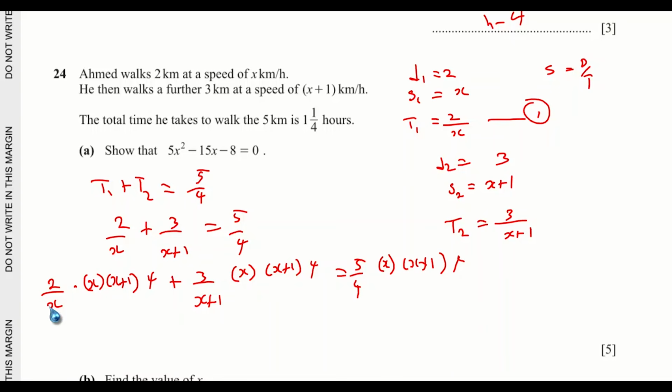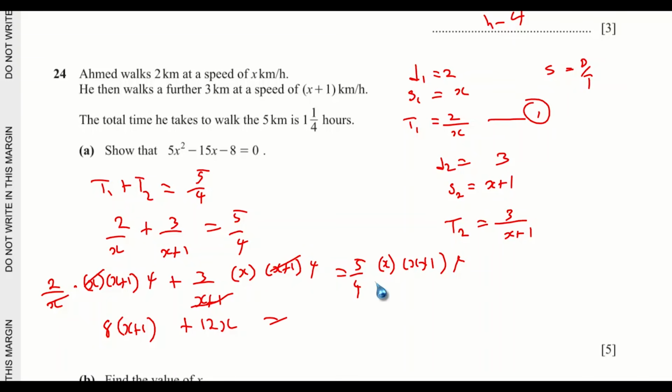So here, we cancel x. We are left with 2 into x plus 1 into 4. So 2 times 4, 8. So we'll be left with 8 into x plus 1 here. Here, we cancel the whole of this. We're left with x times 4, that will be 4x. 4x times 3 will be 12x.